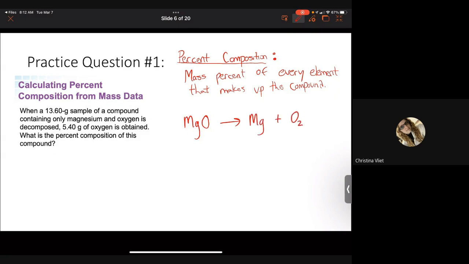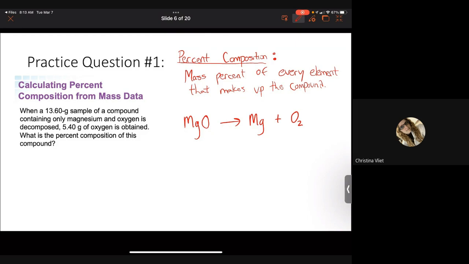And I'm going to write oxygen in its regular, normal form because that's how it should be written. It doesn't matter to get the question right whether or not you do that, but it's just always good to remember. Oxygen is O2. Then the next thing I do is line up my numbers underneath. I have a 13.6 gram sample of a compound. Where does the 13.6 go? Under MgO.